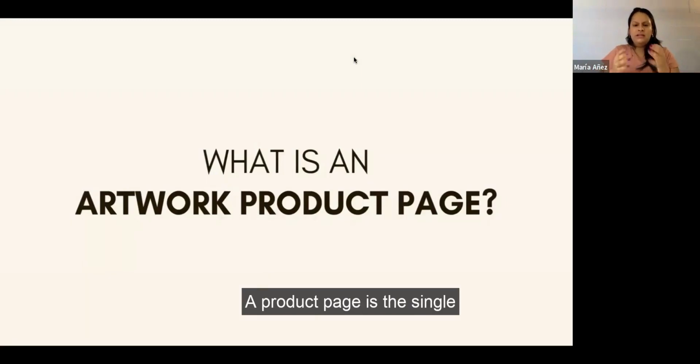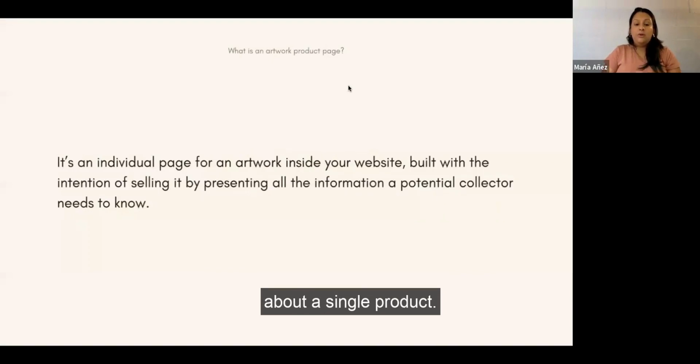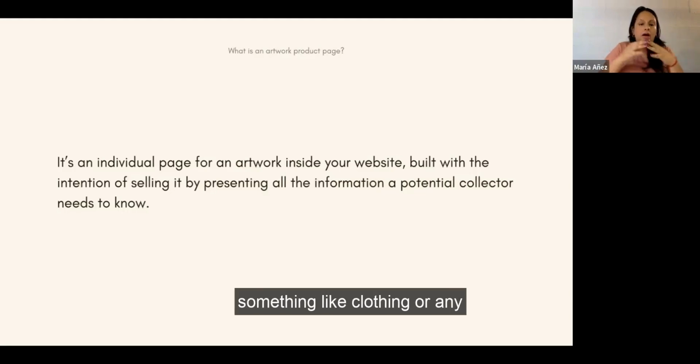A product page is the single page that contains all the information about a single product, and it has a description, it has pictures, it has the buy button, it has explanations and details about shipping and packaging and everything. So when we're talking about an artwork product page, what I just described is like a product page for something like clothing or any other thing that we can buy in a marketplace, right?